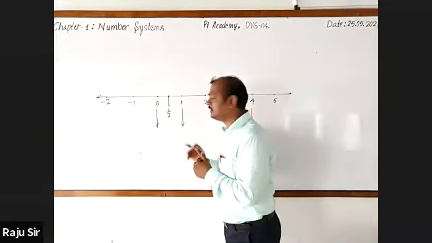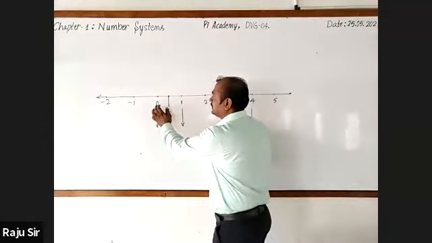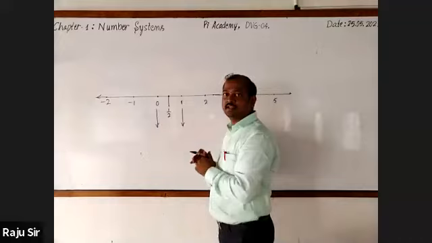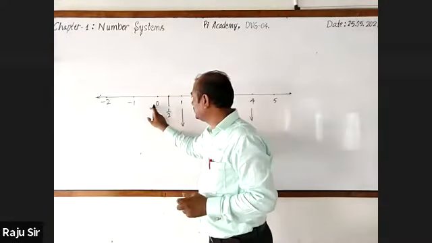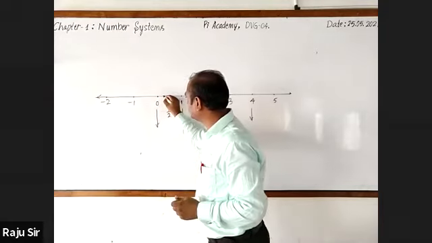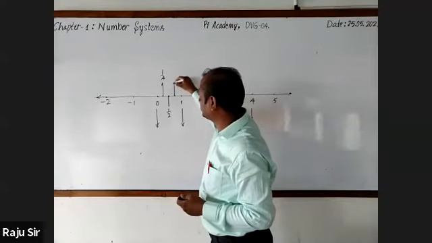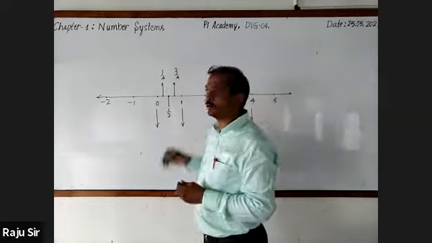Now, how many are there between 0 and 1? One. Now, I'll write another rational number between 0 and 1, 1 by 4. And 3 by 4. Very good.